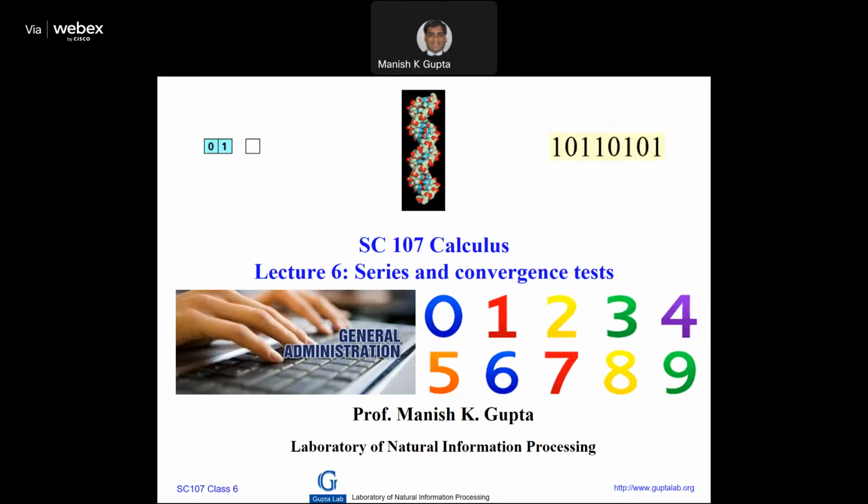Just like that, we say that a sequence is either convergent or divergent. If the limit exists, it is convergent. If the limit does not exist, it is divergent. In a similar manner, we can talk about series convergence. How do we do that? You take the terms, first term of the series, second term, third term, and so on.